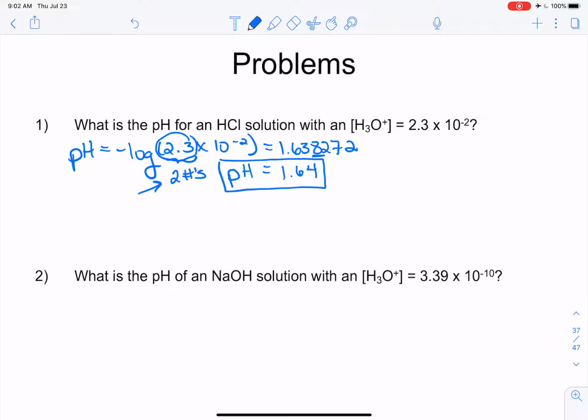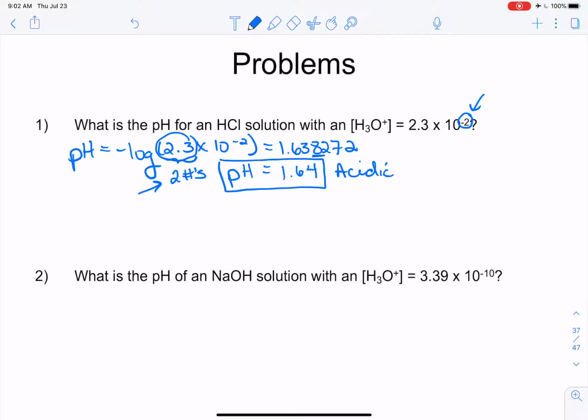So does that mean that it's acidic, neutral, or basic? That would be acidic, because a pH less than 7 indicates that you've got an acidic solution. Now take a look at this number right here, your exponent, that says -2.